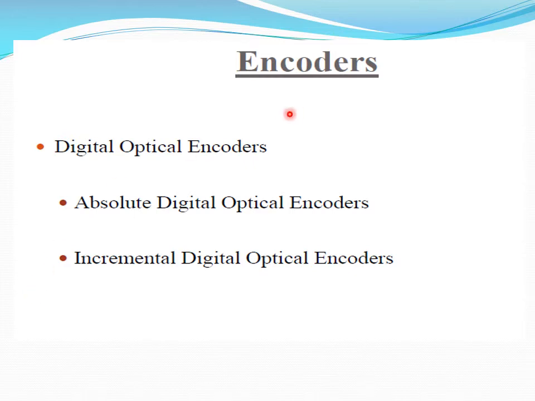General classification of encoders. Digital optical encoders can be classified into basically two categories: absolute digital optical encoder or incremental digital optical encoder.